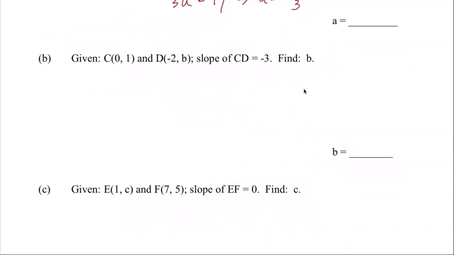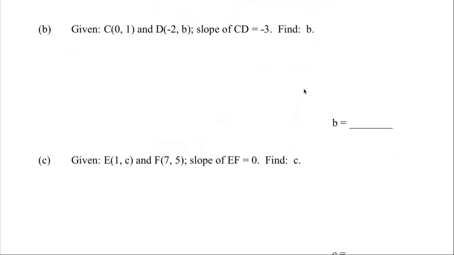Given 2 points, C and D, the coordinates of C are (0, 1), and the coordinates of D are (-2, b), and the slope of CD is equal to -3. Same pattern.